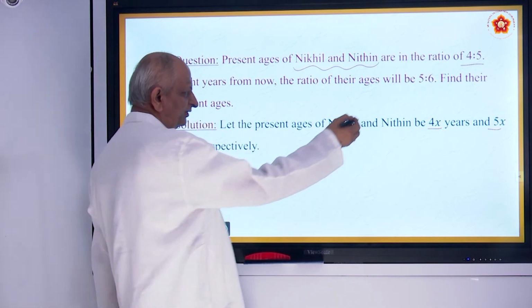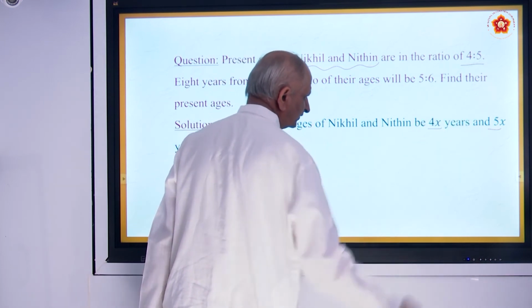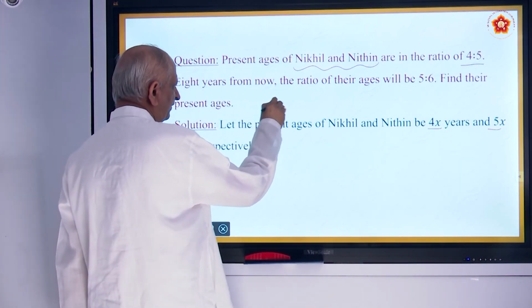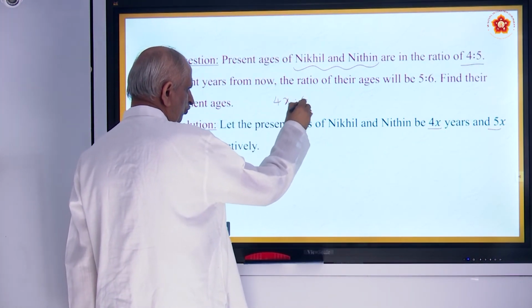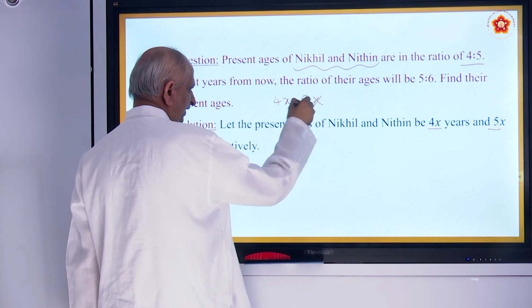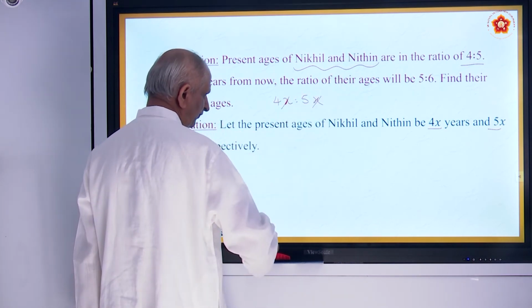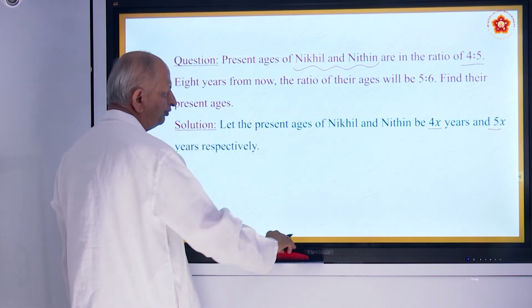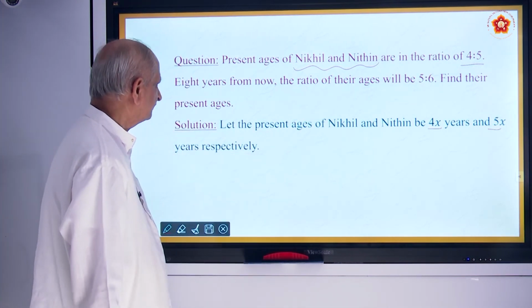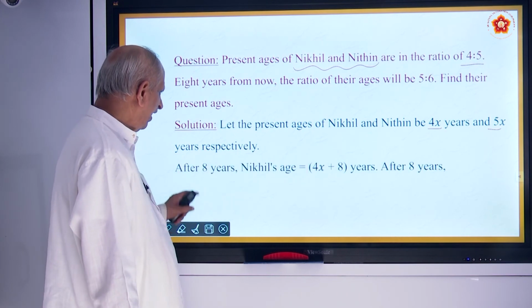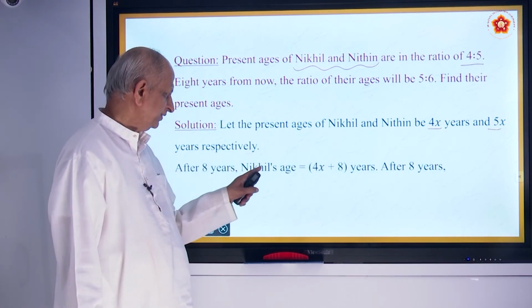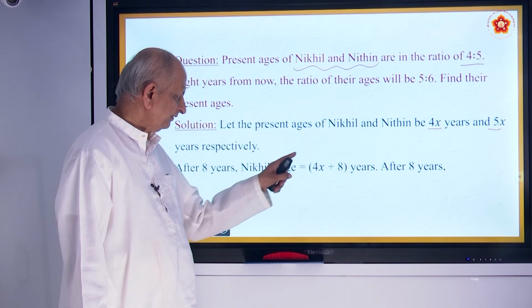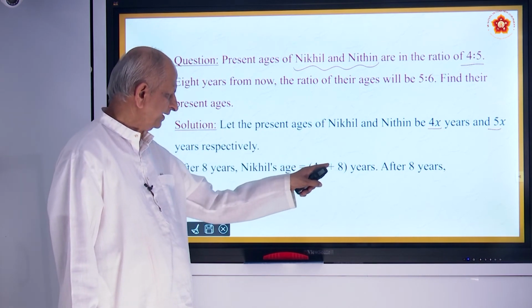So we will take it as 4x and 5x. And if you simplify that ratio, 4x and 5x, the x's cancel, you get 4:5. So that's why you are taking 4x and 5x. And now after 8 years, Nikhil's age will be 4x plus 8.